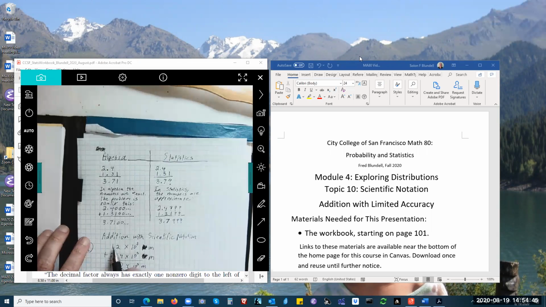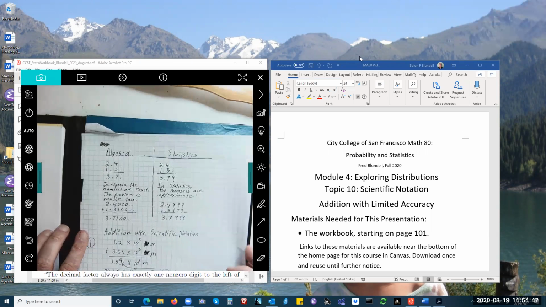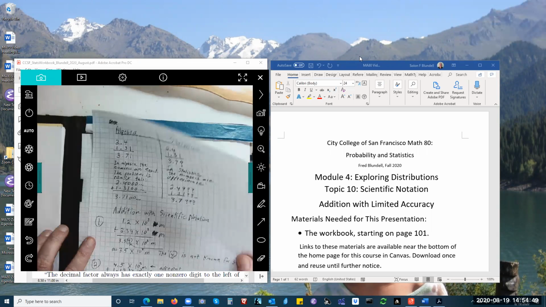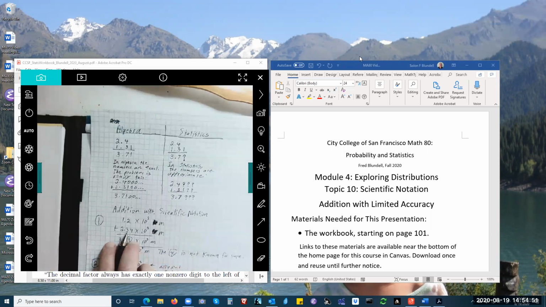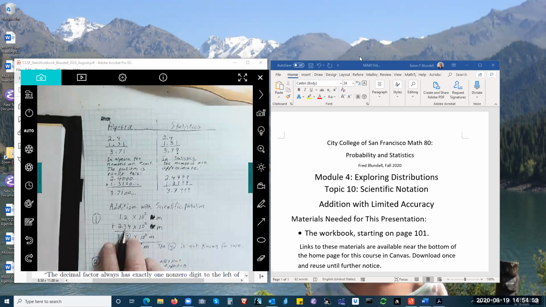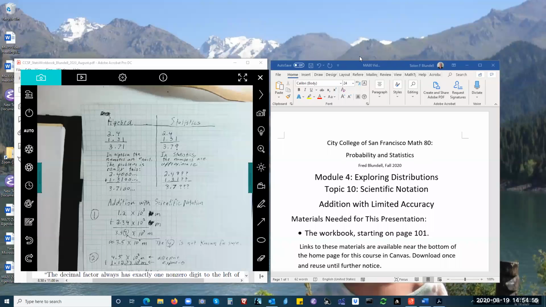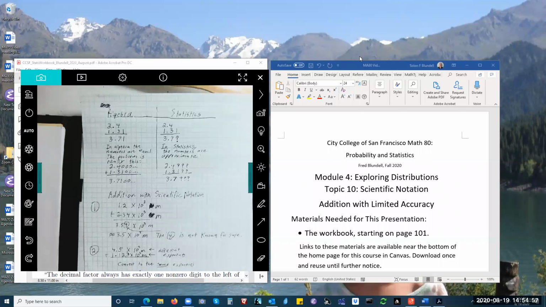If you had 1.2 times 10 to the third, and then you're adding 2.34 times 10 to the third meters, when you finish adding them together, at first you get 3.54 times 10 to the third meters.